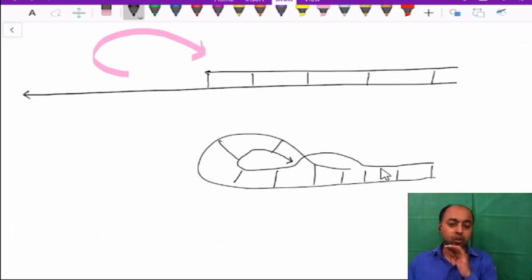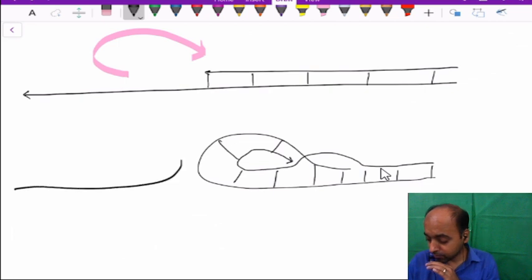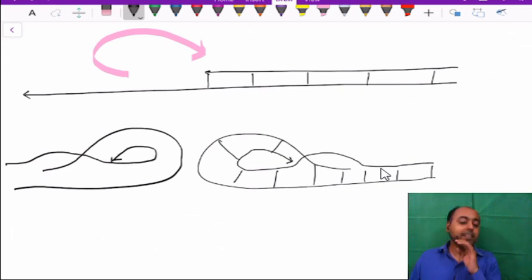Now when the two ends of DNA come together, the DNA repair machinery cannot join the two ends. This is how the telomere protects from the DNA repair machinery.